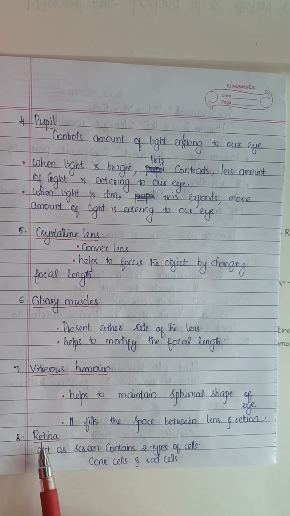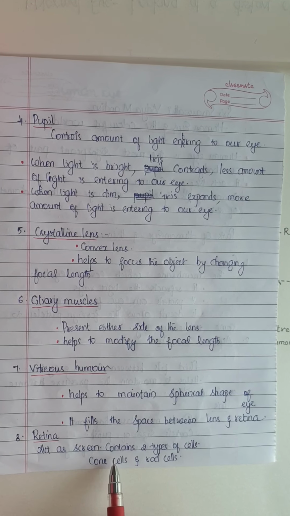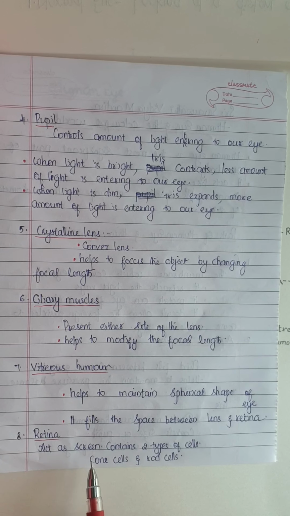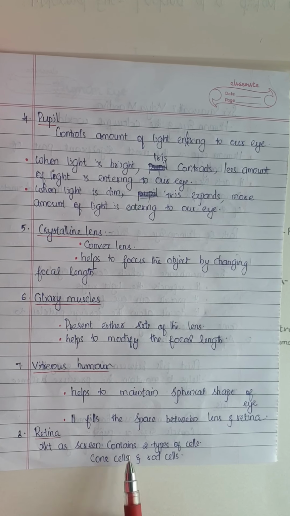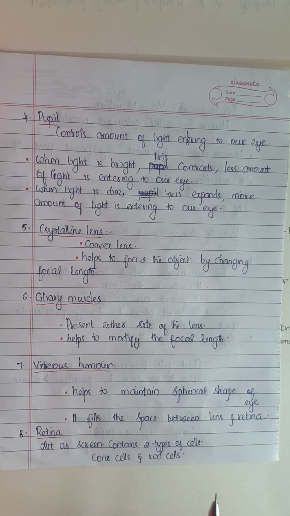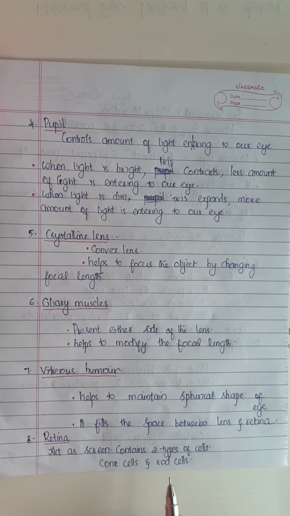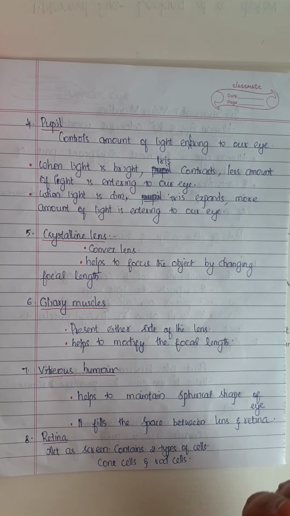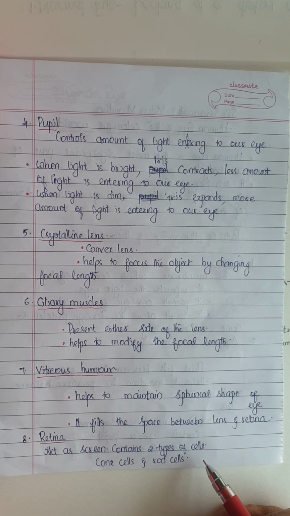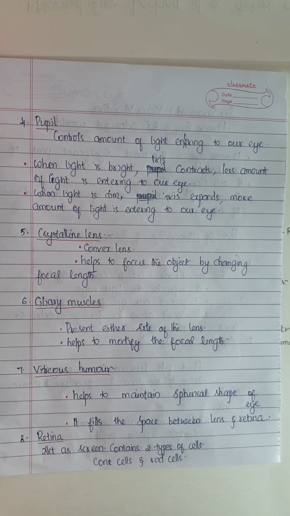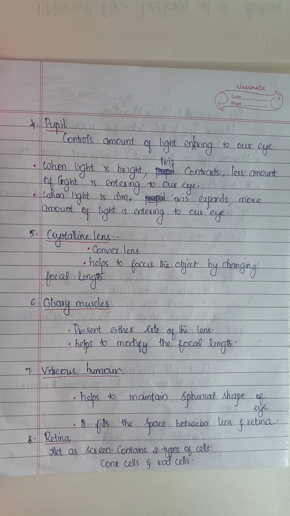Okay. Then retina acts as a light sensitive screen containing two types of cells, cone cells and rod cells. When light rays fall on these cells, they get activated and generate electric signals. These signals are then sent to the brain through the optic nerve.